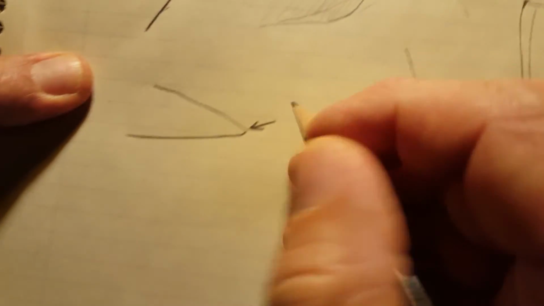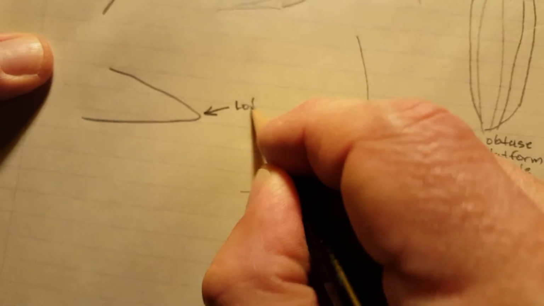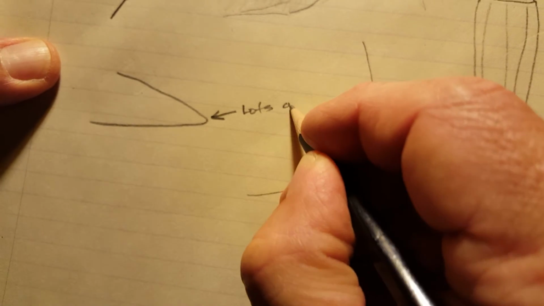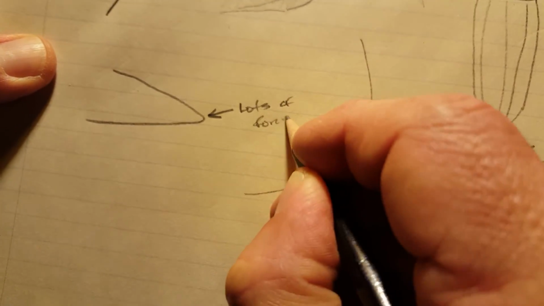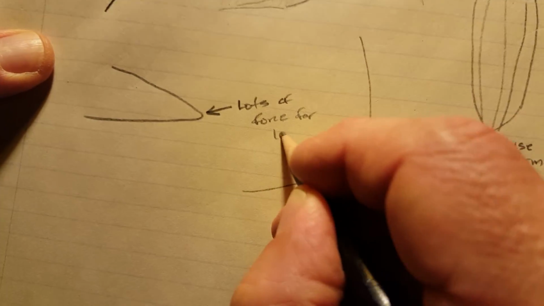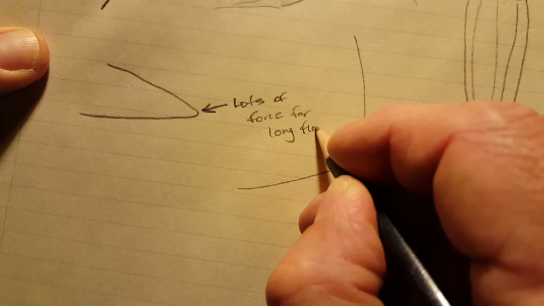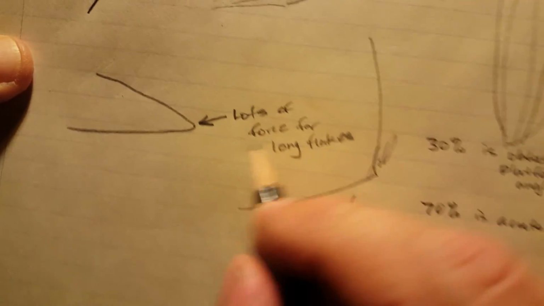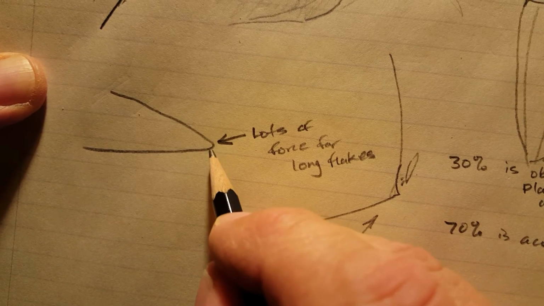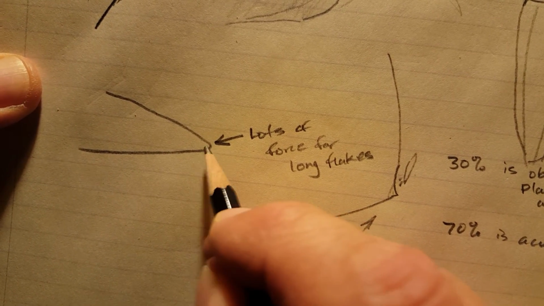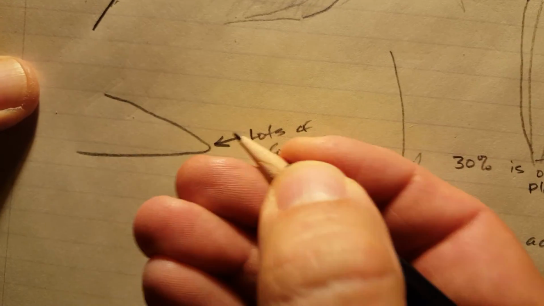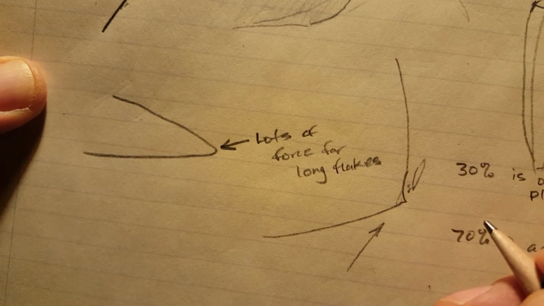Okay. So, again, to make long flakes, you're going to need to apply, as a general rule, lots of force for long flakes. And if you have a really delicate edge, you'll get a lot of crushing going on before you're actually going to be able to apply enough force to drive that long flake.